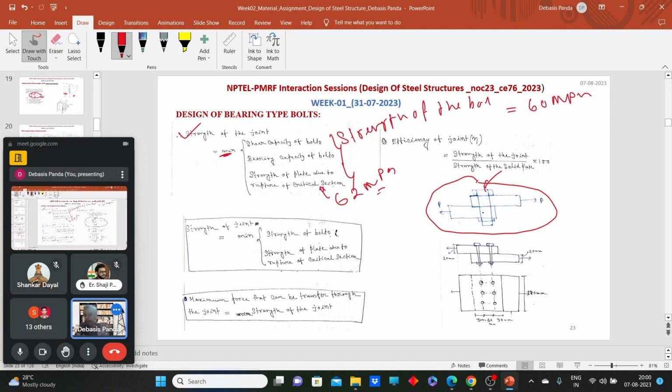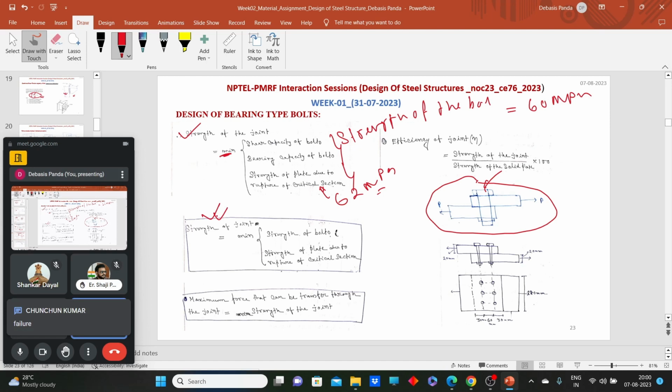For the plate, we have to consider two strengths, and among these two, the rupture strength is lower. Obviously, the yielding strength of a solid plate will be more than that of a plate where we make some holes. So strength of the joint.